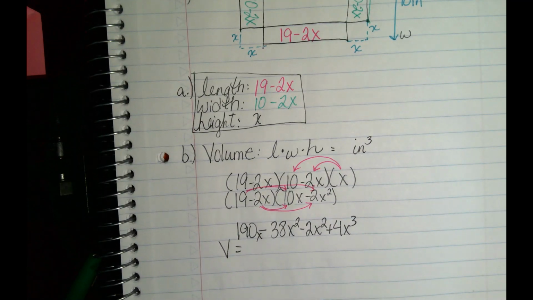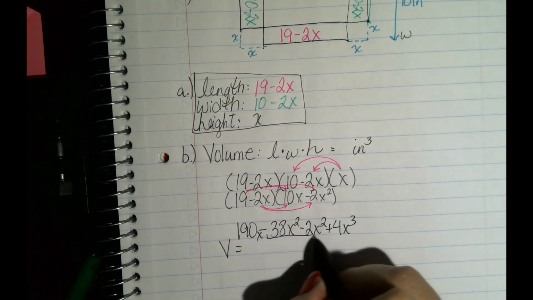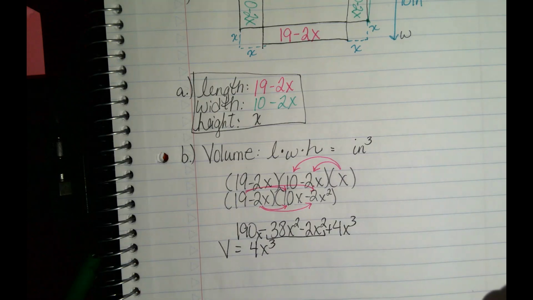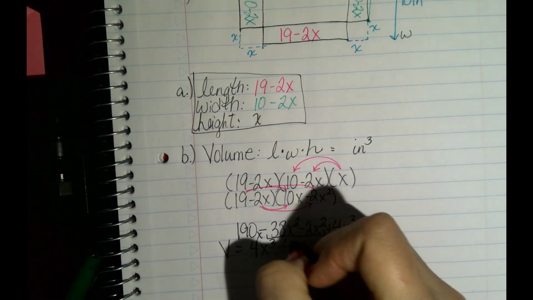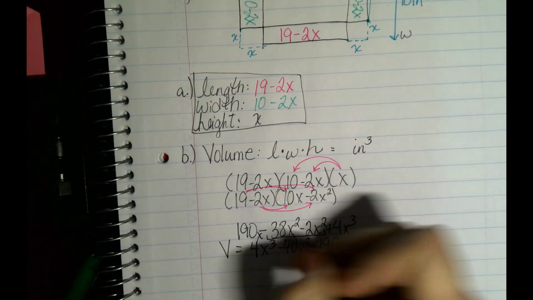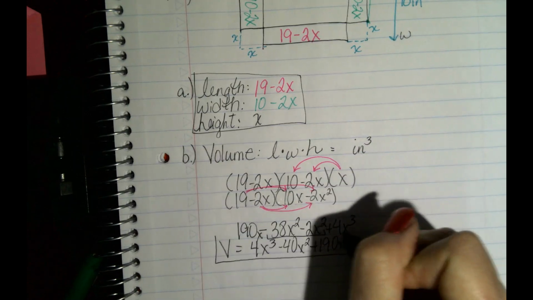Remember, I can combine like terms, right? Starting with my highest exponent, I get 4x to the third power. Negative 38 minus 2 is negative 40x squared plus 190x.